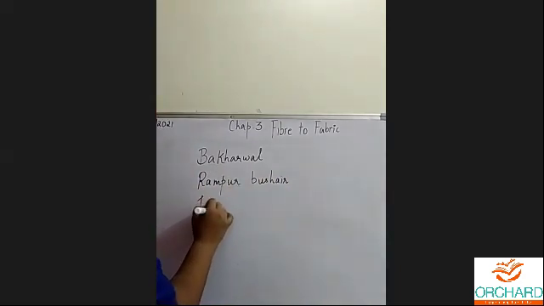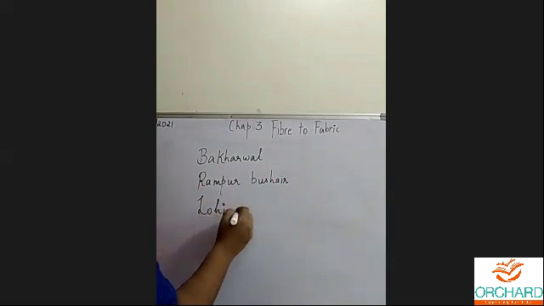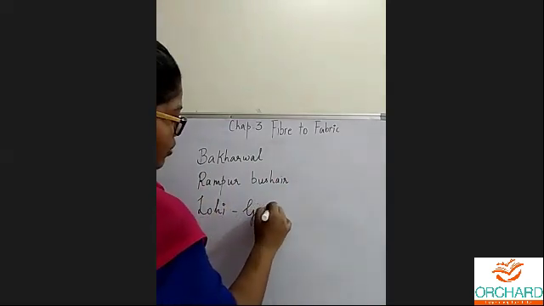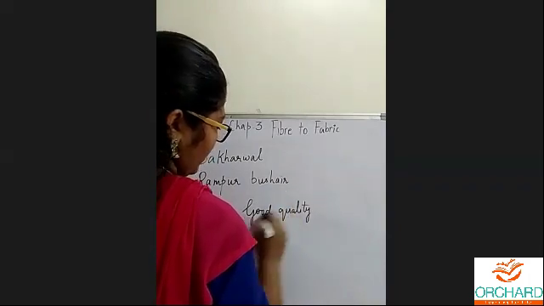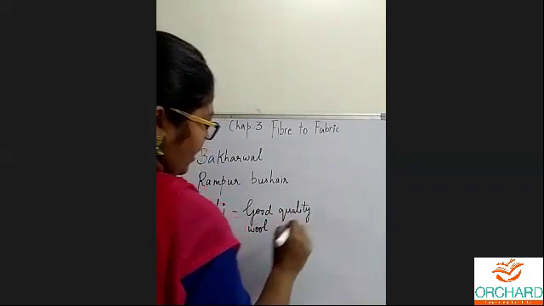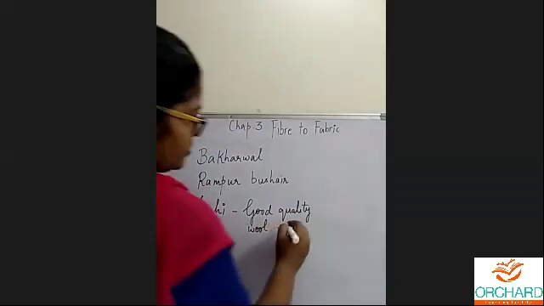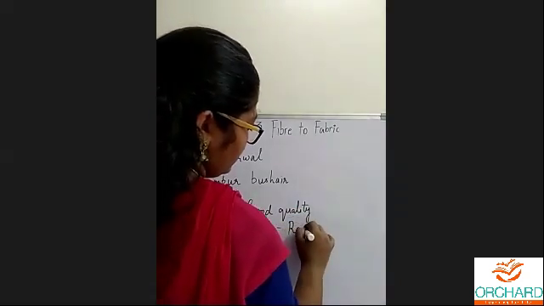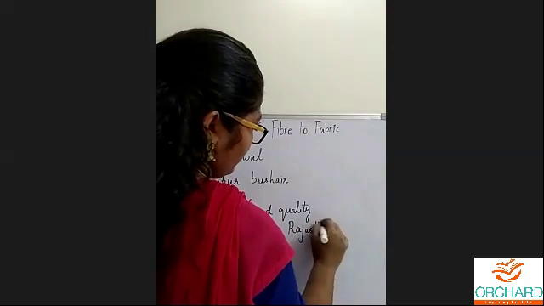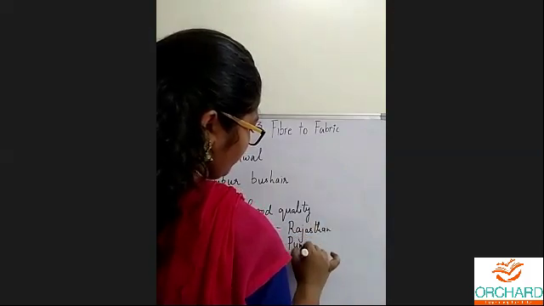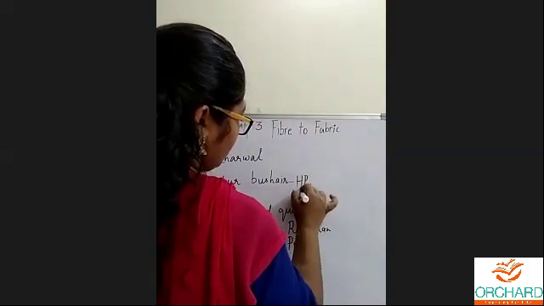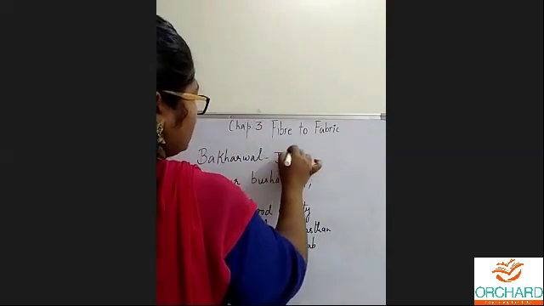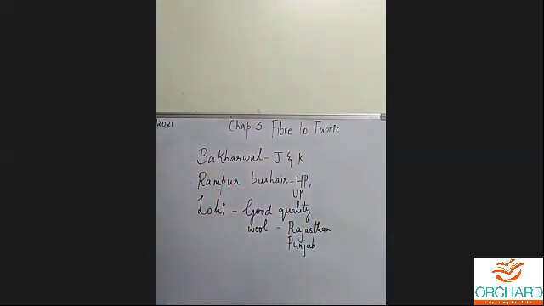Then you have a breed called Lohi, which gives you a very good quality of wool. And this is found in Rajasthan, Punjab.